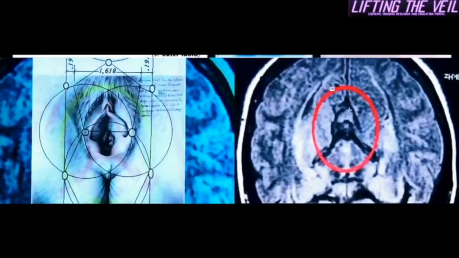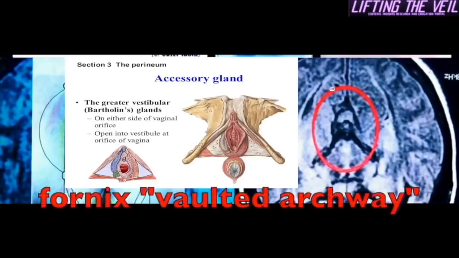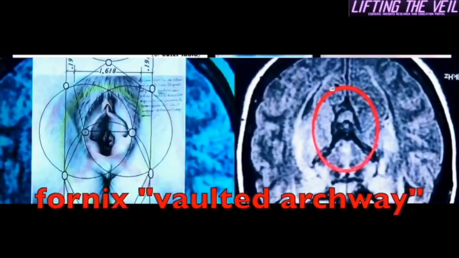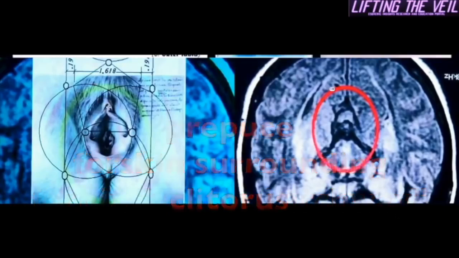And so what we're looking at directly corresponds to the female vagina. Here we can see the prepuce of the clitoris, and here would be the clitoral frenulum, the frenulum clitoridis, which directly corresponds with the brain.